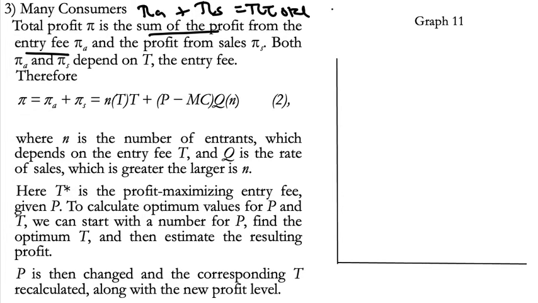Okay. But then, profit from entry fee, which is pi A, depends on T, the entrance fee, isn't it? All right. And profit from sales depends on entry fee also.